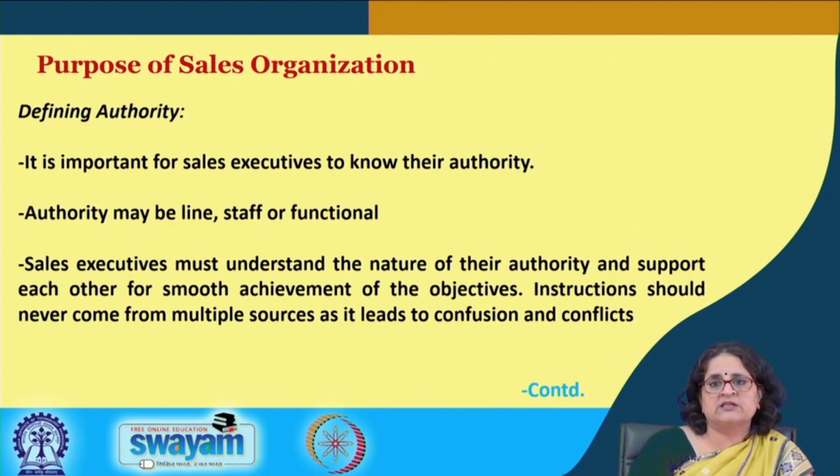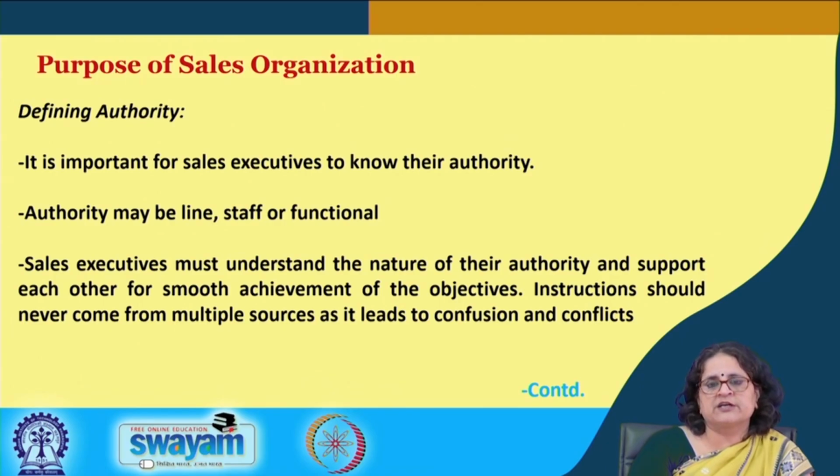The line, as I said, generally we will see as the field selling team, and the staff would be anybody who assists them, and the functional will be in terms of, say, an after sales role, or a market research role which the sales personnel has to perform.